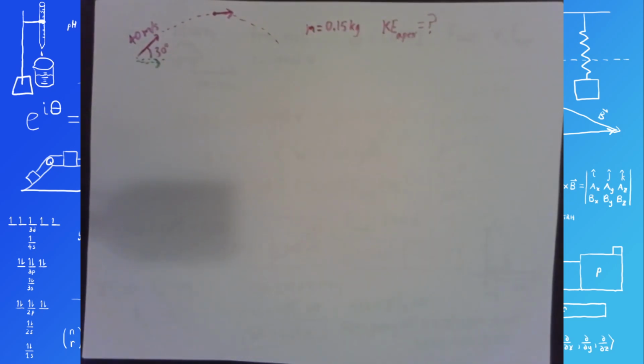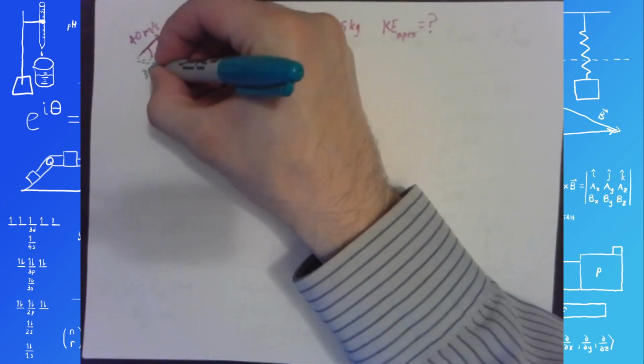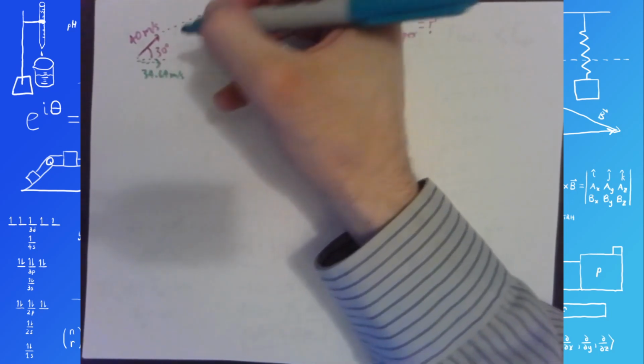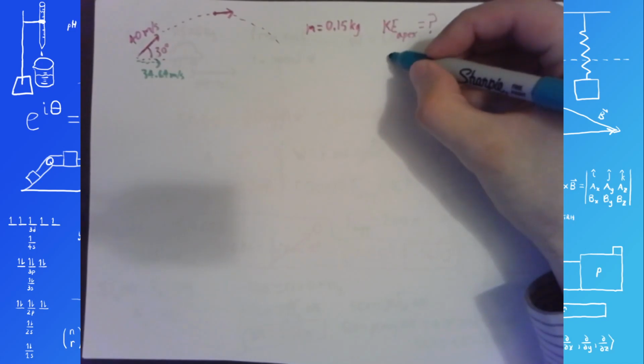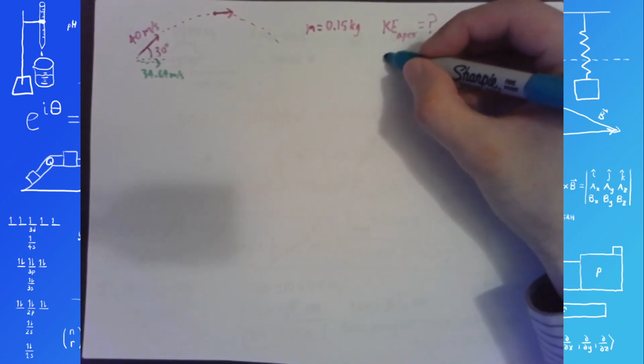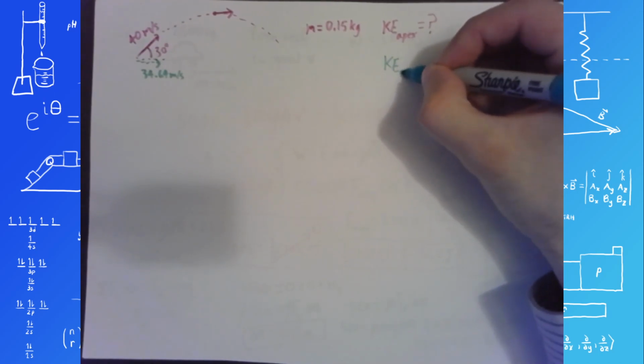So 40 cosine of 30 degrees is about 34.64 meters per second.